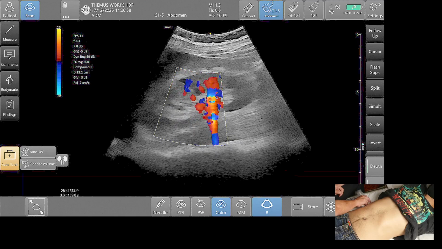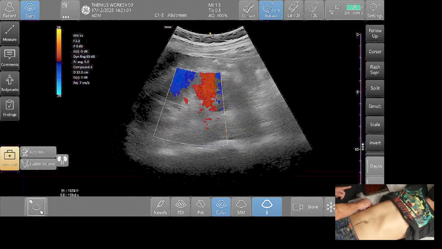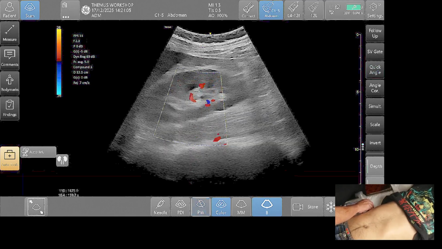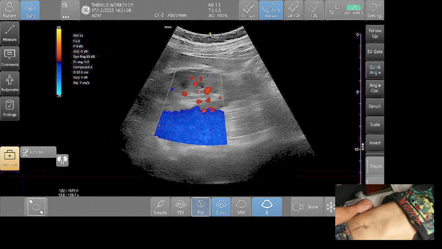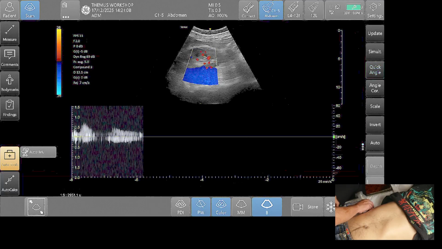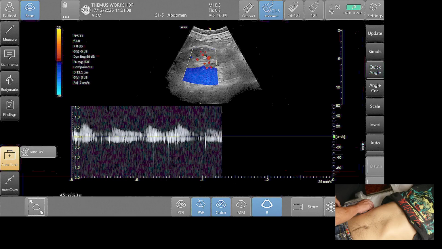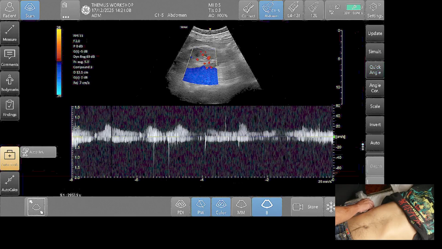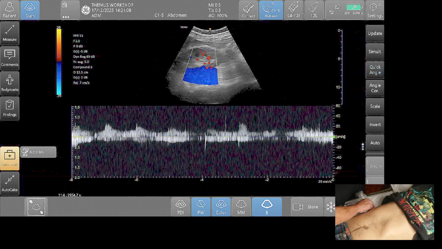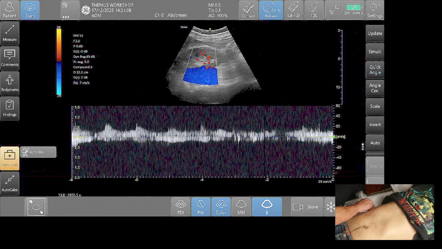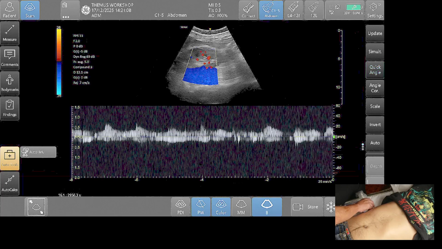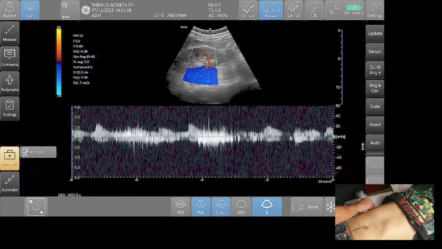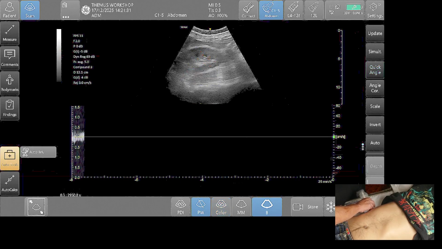Sometimes you need to increase again to make sure that the vascular signal is quite strong, and then we just apply the sampling box right over here, and right here you can see the arterial, and then sometimes you need to tilt a little bit because the breathing will move the vessel away. Right now you can see below the baseline, that's the venous flow, right? When you spot that, that's continuous without the phasic change, right?